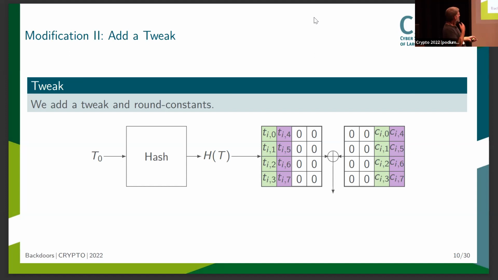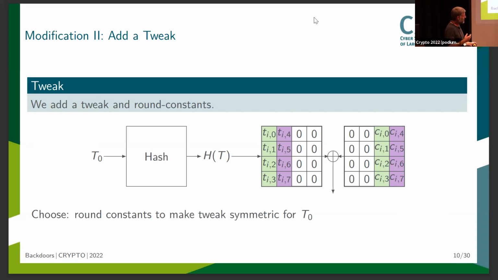And then given this tweak, we're going to choose the constants. So there will be round constants, like in any good cipher, there should be round constants. And we choose the round constants so that the sum of the tweak and the round constants is symmetric again. Okay.